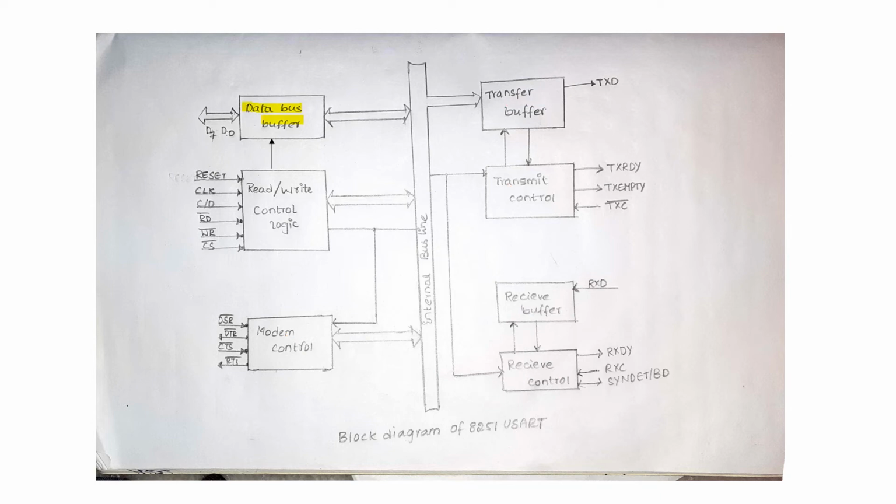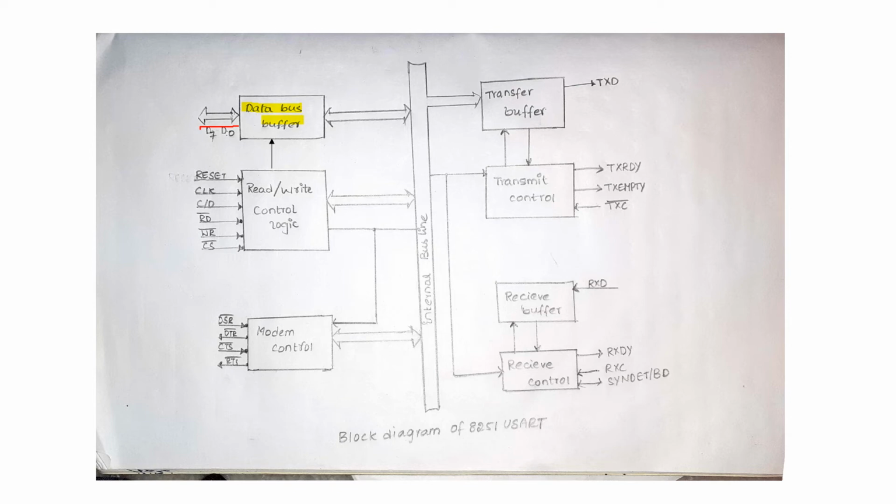Let us see about the data bus buffer block. The data bus buffer block is connected with a data bus, that is D0 to D7. It is an 8-bit data bus connected from the CPU to the data bus. The processor can send the data through the data bus and also sends the commands or status through the data bus only.